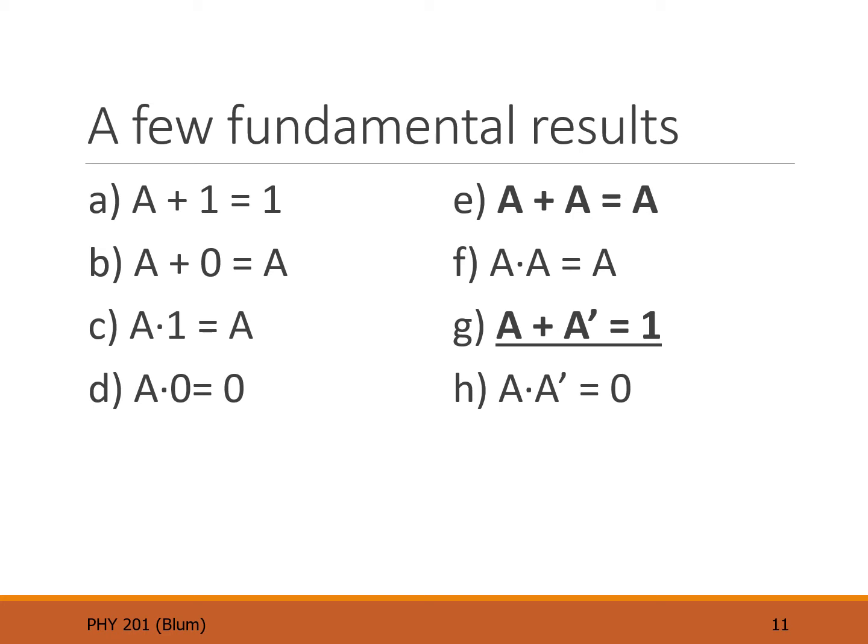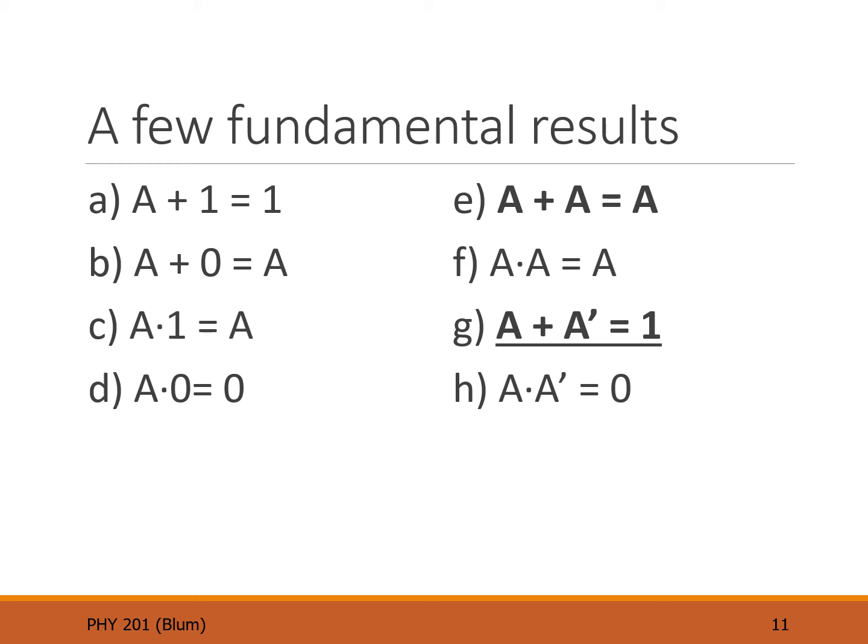So the first one is the input A ORed with a 1, which is always 1. The 1 is always true, so in anything that's ORed, if one of them is true, it's true. A ORed with a 0 gives you A back. A ANDed with a 1 gives you A, and A ANDed with a 0 gives you 0.